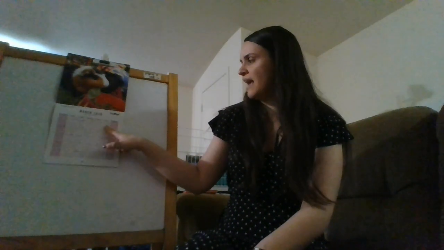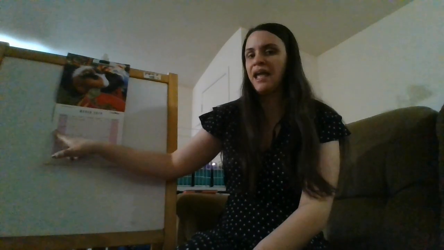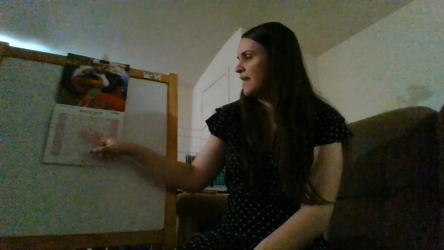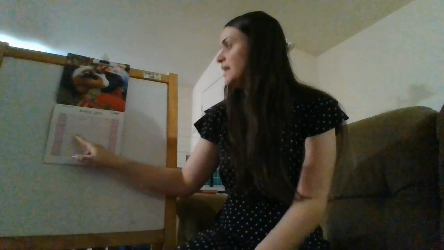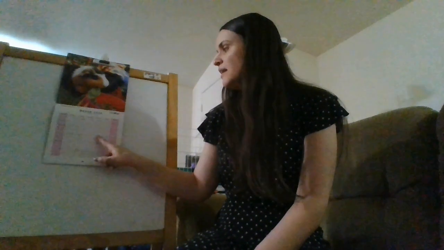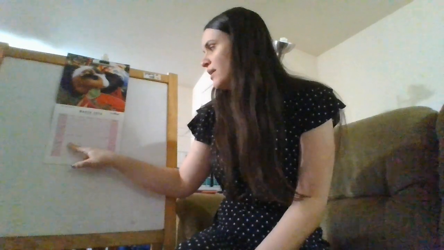Very good. Okay, let's count how many days we have so far in March. We have 1, 2, 3, 4, 5, 6, 7, 8, 9, 10, 11, 12, 13, 14, 15, 16, 17, 18, 19, 20, 21, 22, 23, 24.